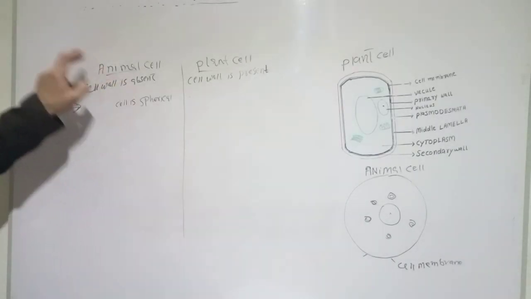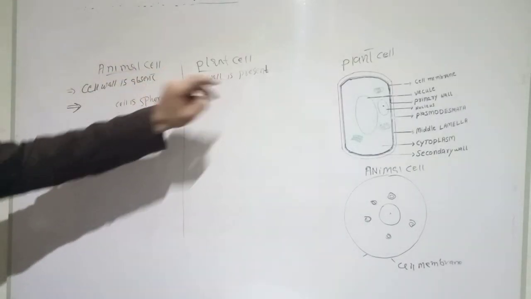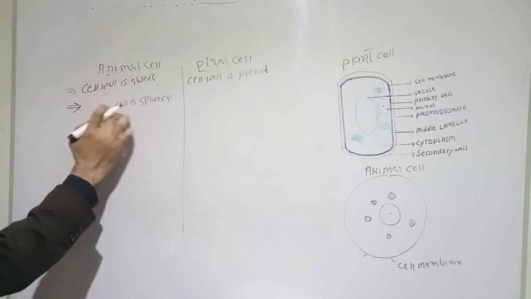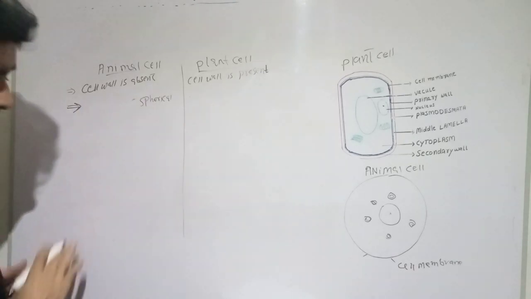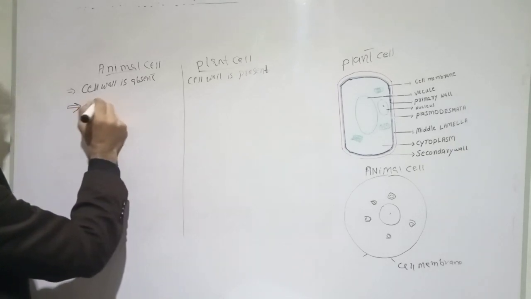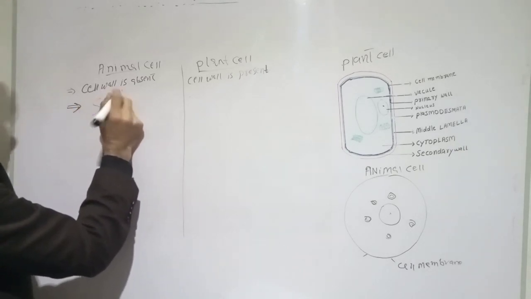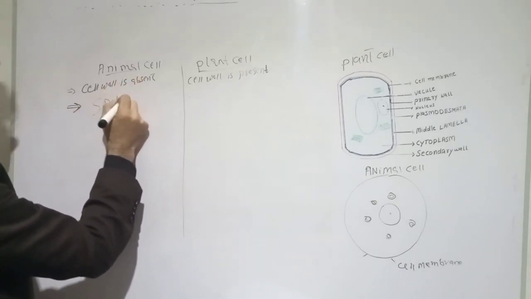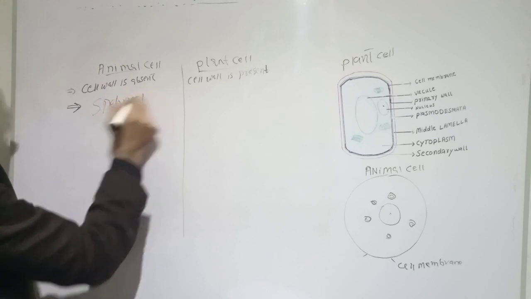Cell wall is absent in animal cell. In plant cell, cell wall is present. Animal cell has a spherical shape.